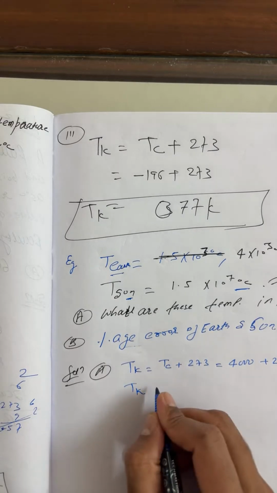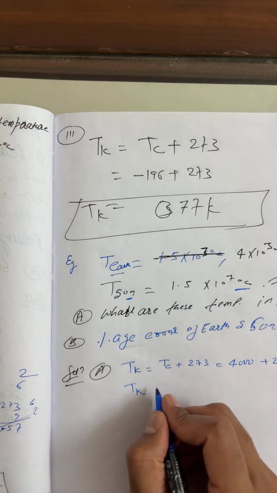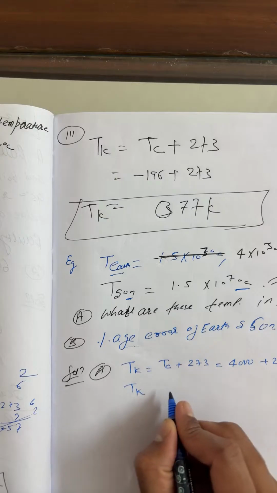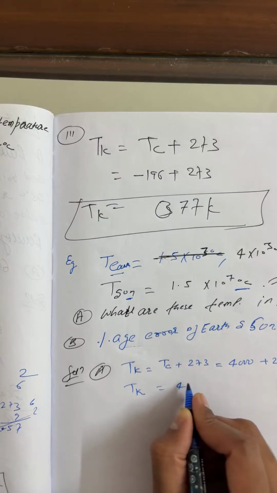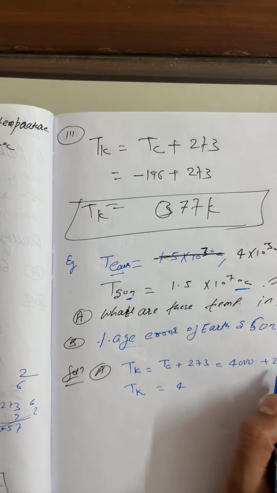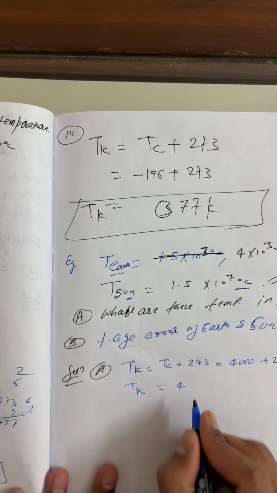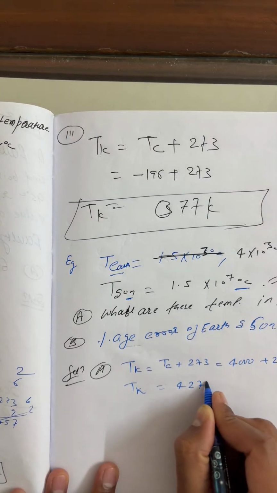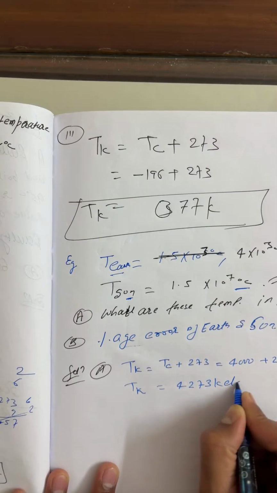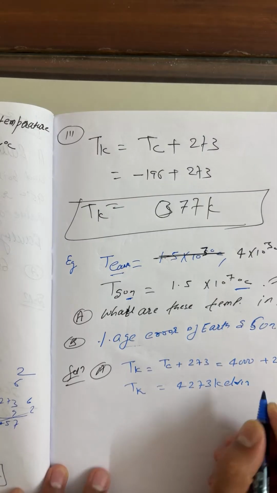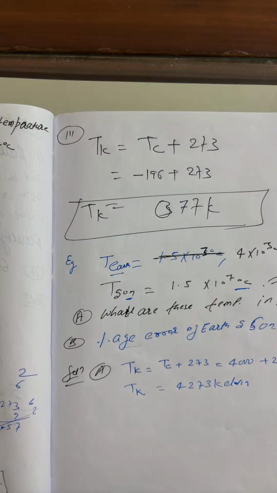How much will you get? It is 4273 Kelvin.